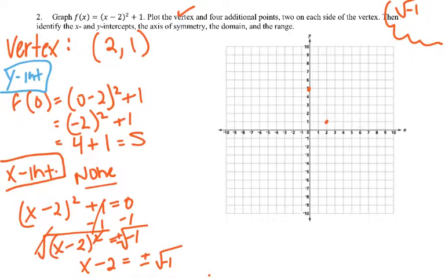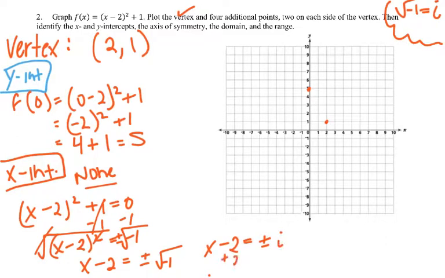Because 1 times 1 is positive 1. Negative 1 times negative 1 equals positive 1. So this doesn't exist. This is imaginary. We call this i. This is the definition of imaginary numbers, i. The square root of negative 1 equals i. So we can say that we have x minus 2 equals plus or minus i for imaginary.